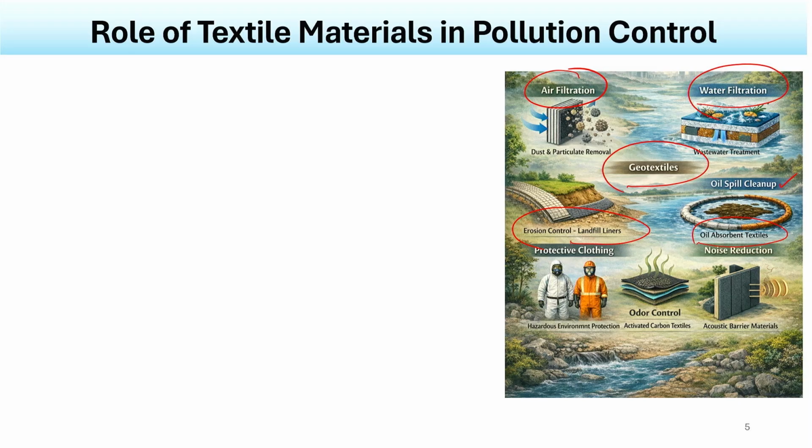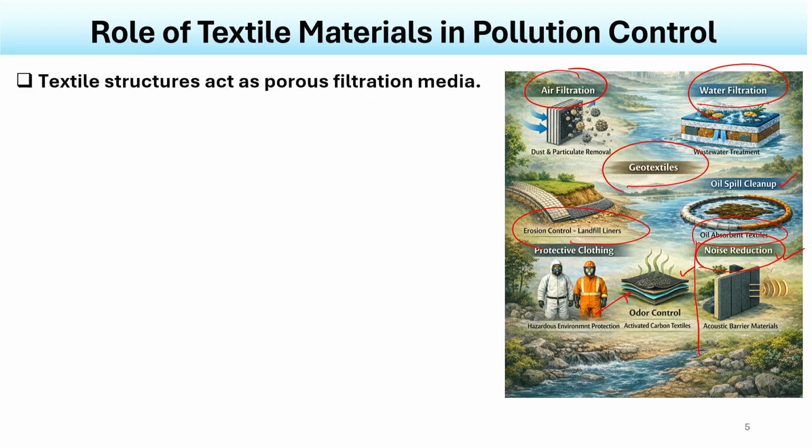We can also reduce noise pollution, which we will discuss in a separate module. Even odor control can be done within the textile material; within the filter we can incorporate an odor control mechanism, which we will also discuss in detail.